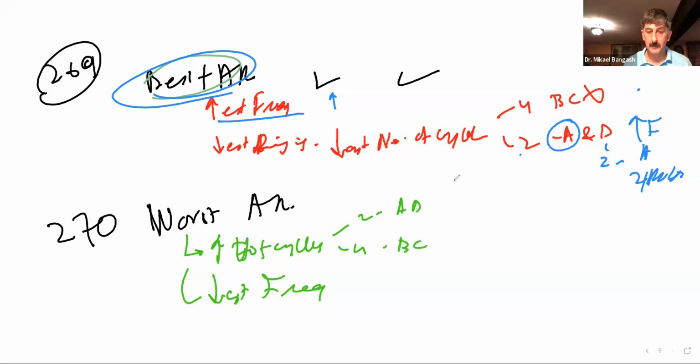B and C. So you can exclude these 2 directly. Between B and C, you just have to look at which has the lowest frequency. B was 4 megahertz, and C was 2 megahertz. So it becomes system C, because it has the greatest number of cycles, which is 4, and the lowest frequency.